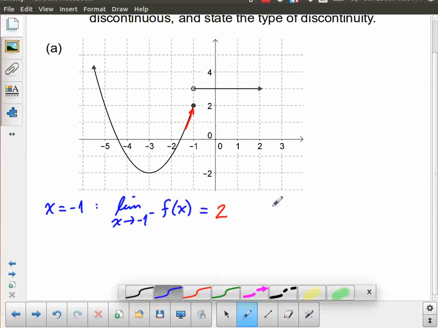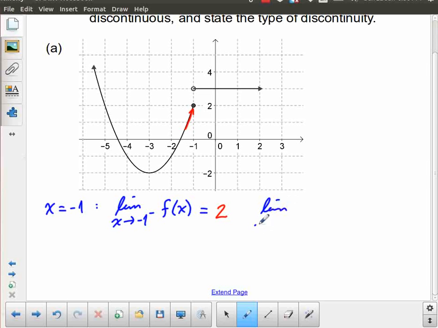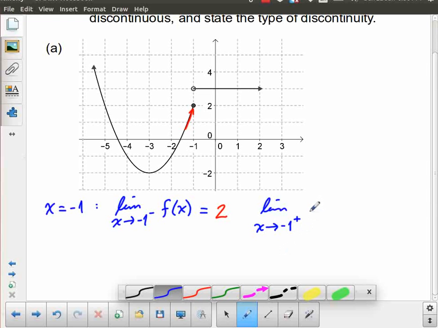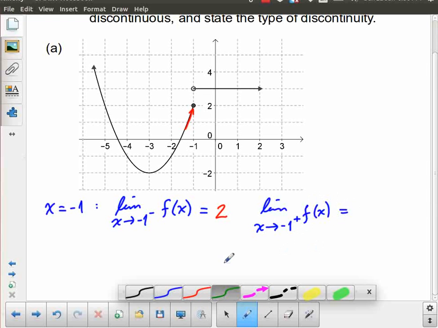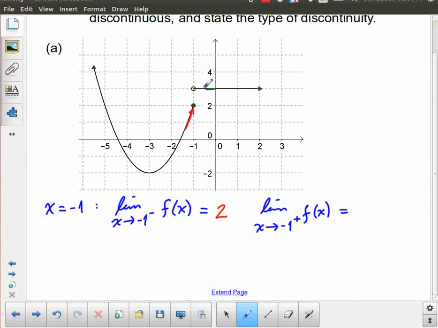Then I'm going to take the limit as x approaches negative 1 from above of f of x, and now I have to go to the right of negative 1. That puts me on this part of the graph, and that's approaching the value of positive 3.